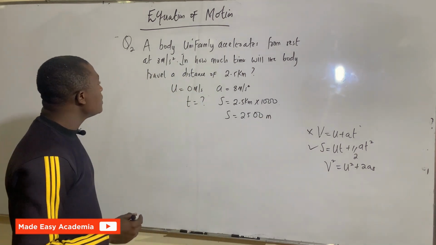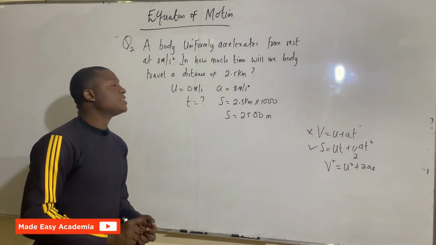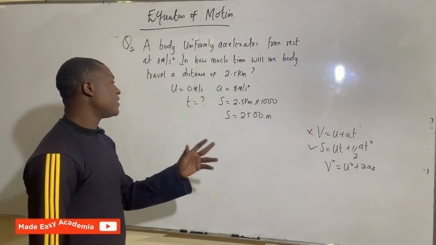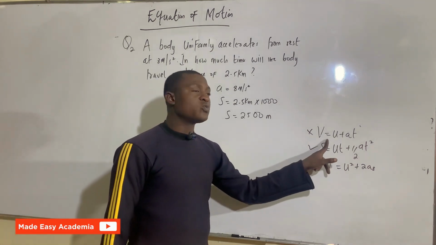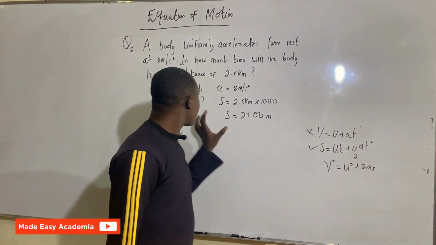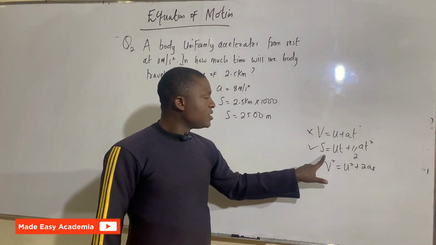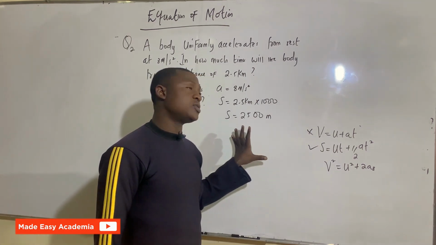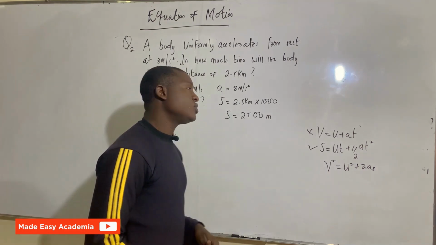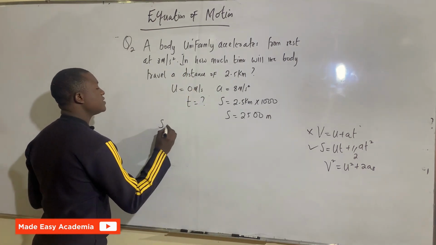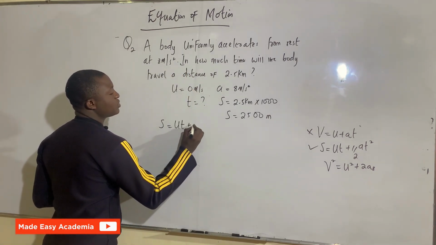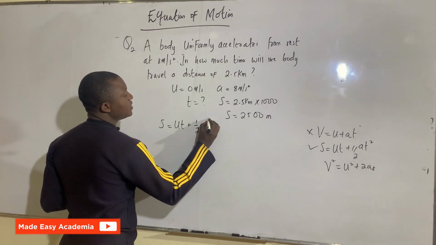Now let's check with the data given which one satisfies the equations that we have. Which one satisfies the 3 equations? The first one, do we have final velocity? No. So the second equation satisfies this condition, and we can apply it. We have x equal to ut plus 1 over 2 at squared.